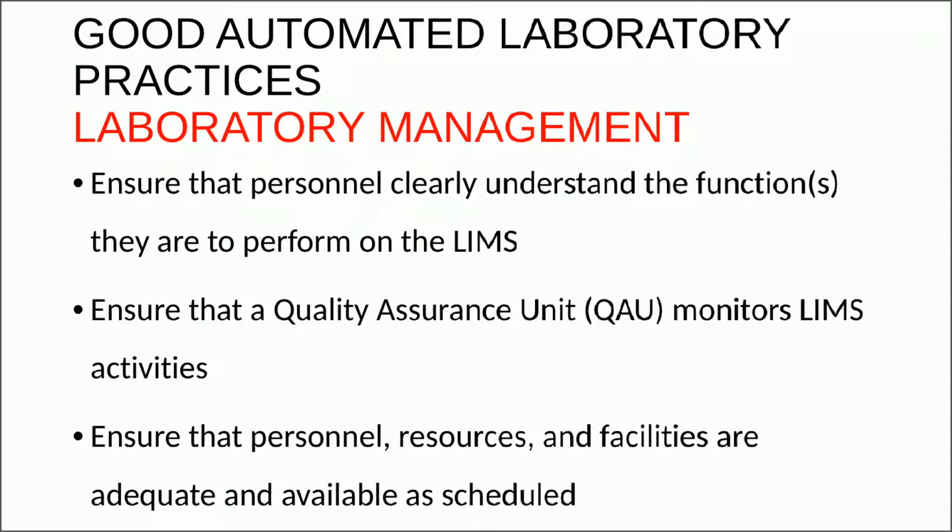Good Automated Laboratory Practices have various ways to apply these policies or guidelines in an organization. It also helps us to understand the various aspects of quality management in laboratories.